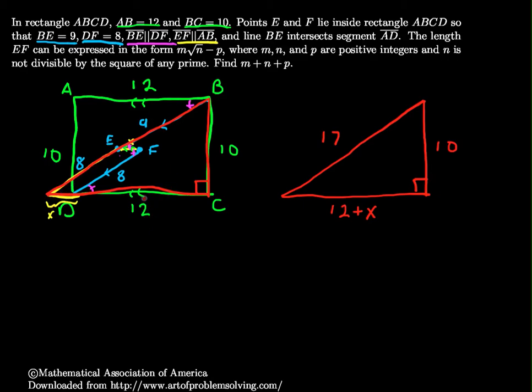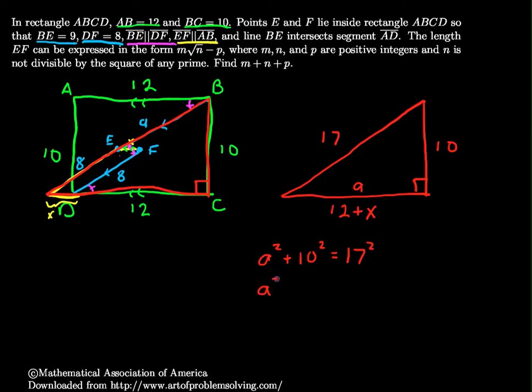Because opposite sides in a parallelogram are congruent. So I'll just do a little Pythagorean theorem, a squared plus b squared equals c squared. So we have a squared plus 10 squared equals 17 squared. A is what we're going to try to find, then we can subtract 12 off.